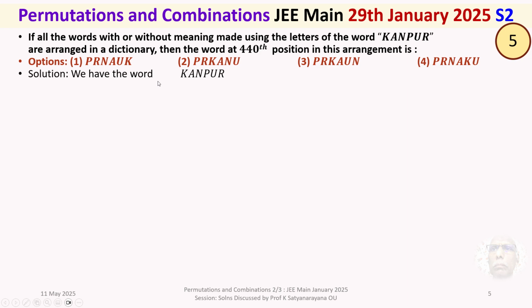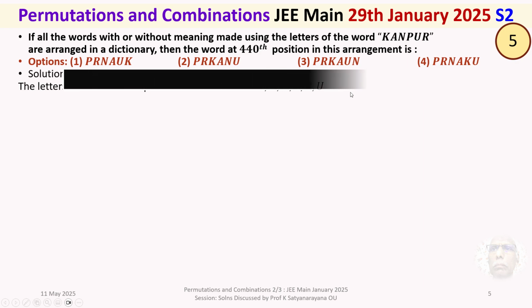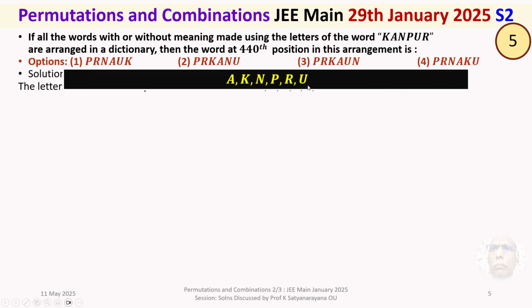We have the word Kanpur and it has 6 distinct letters, and the letters of the word in alphabetical order are A, K, N, P, R, U. Those are the letters in the alphabetical order.